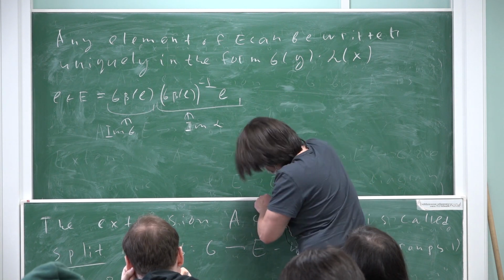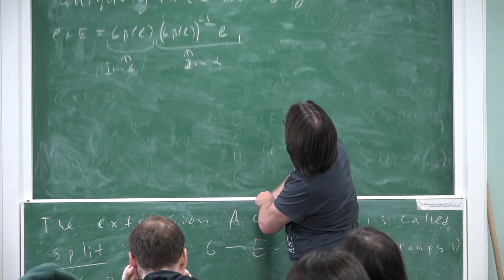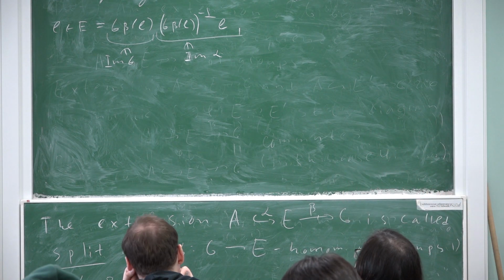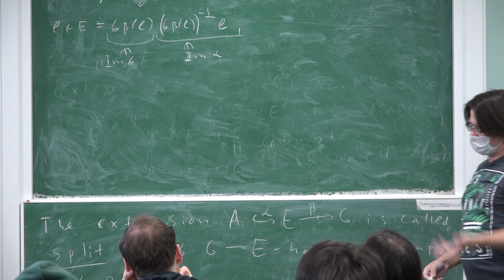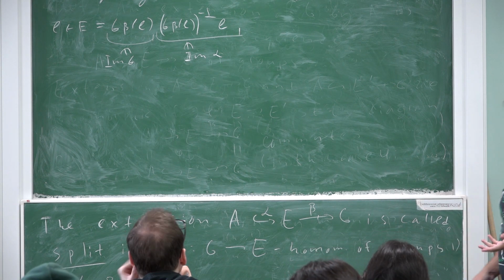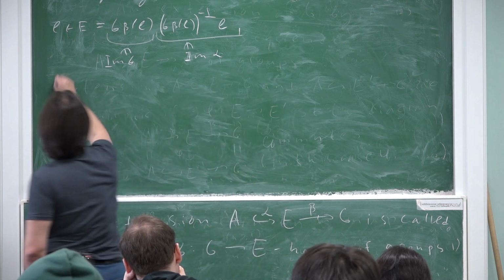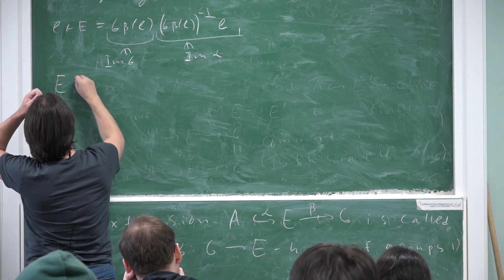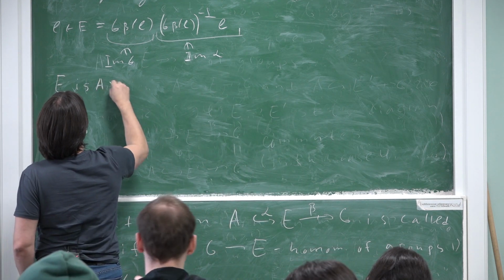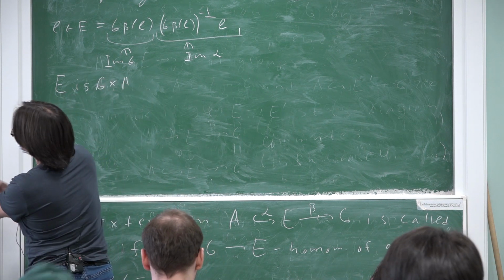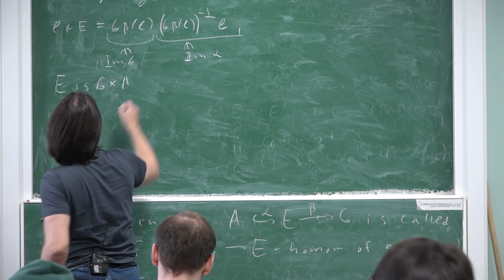So any element can be written in such a form in a unique way. So still E, of course, as I said, is A times G, is G times A, as I said.